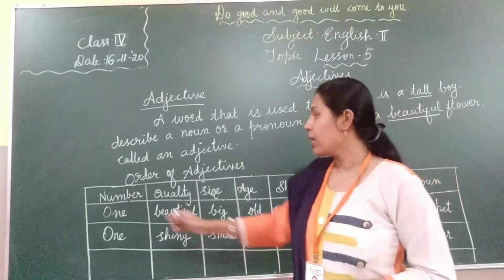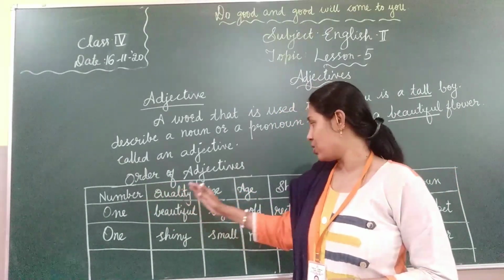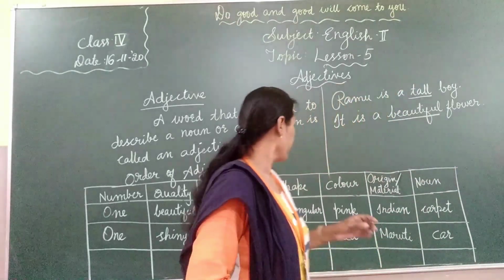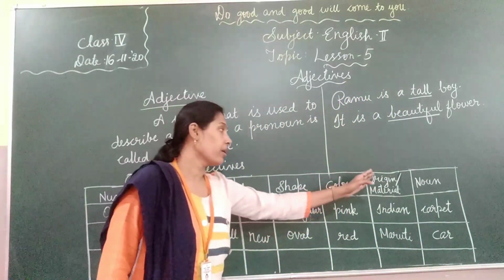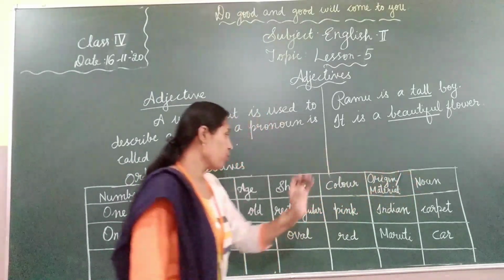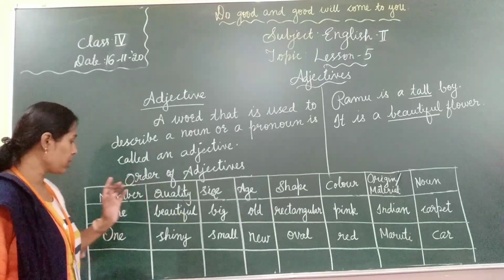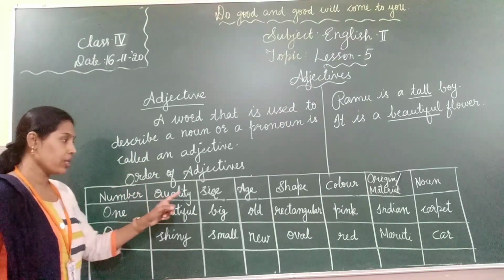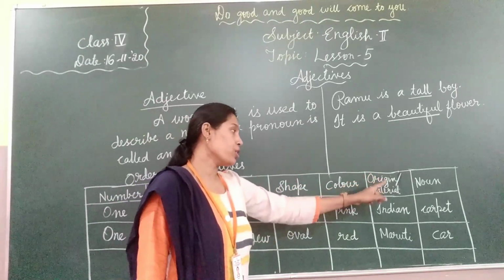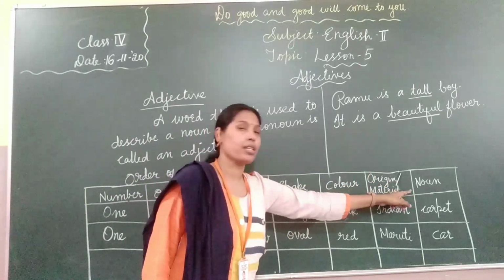The first is number, next quality, next size, age, shape, next color, origin or material, then the last is noun. So once more, what is the order of adjectives? Number, quality, size, age, shape, color, origin or material, and then last noun.